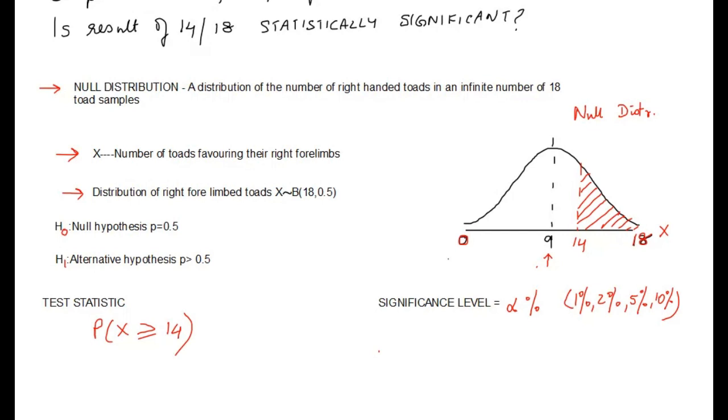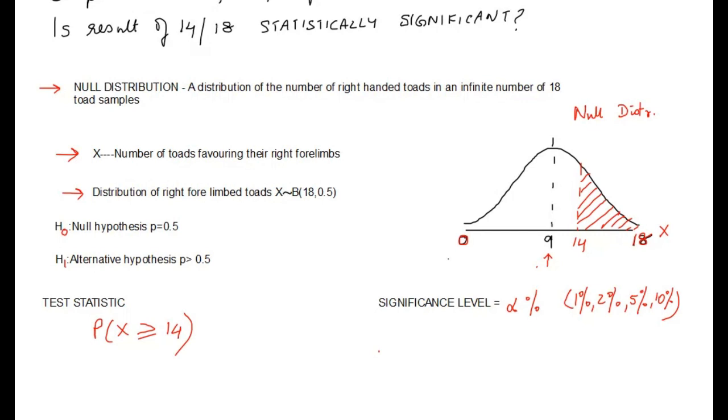That is called the significance level, or alpha, and it's usually set at the beginning of the experiment. We say, if the test statistic is greater than 5% or 2% or whatever, in that case we will say that it's too high, and therefore your alternate hypothesis is statistically not significant.